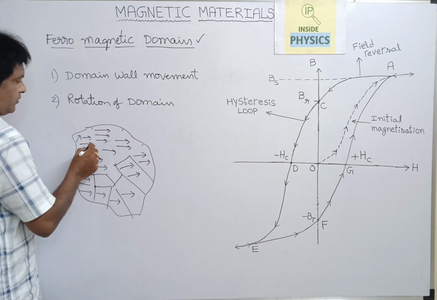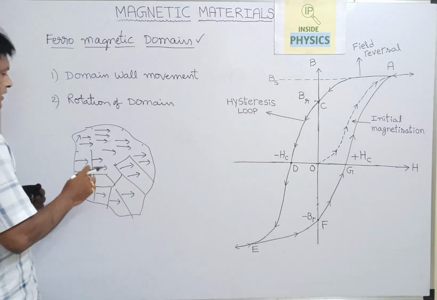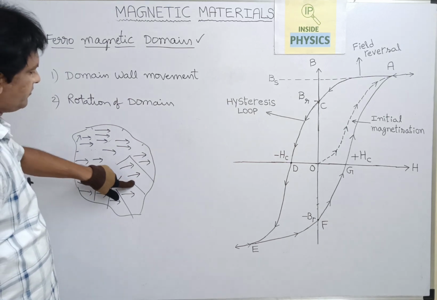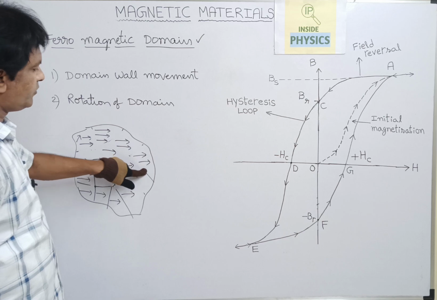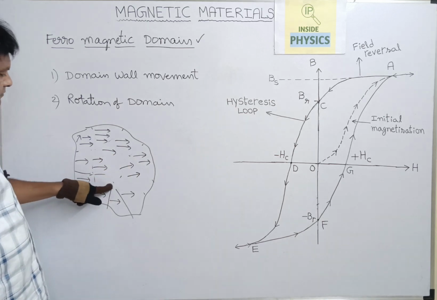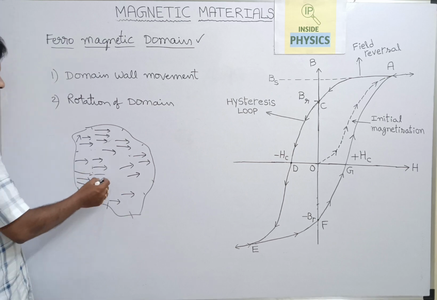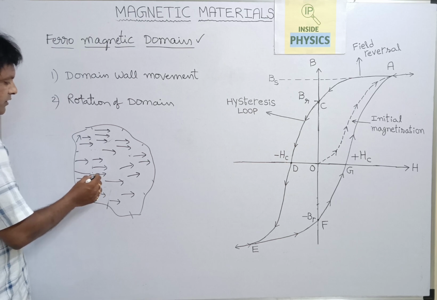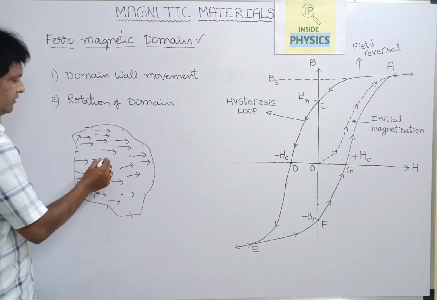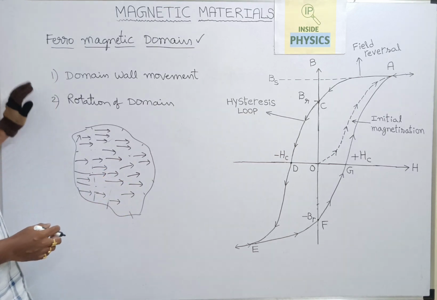So the favorable domains expand their walls, they move very quickly, and all the domains will come into a single domain by expanding the walls at the expense of unfavorable domains. This is how domain wall movement behaves inside a ferromagnetic material.